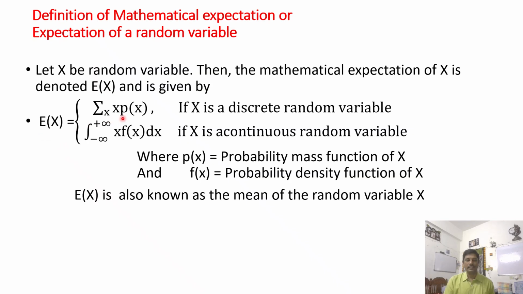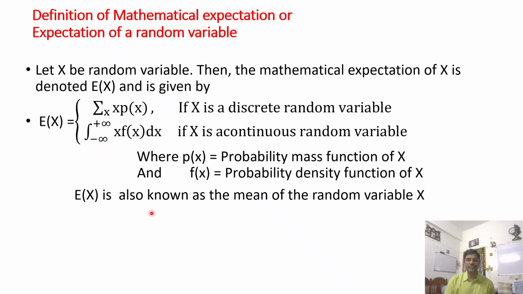If capital X is a discrete random variable, we calculate by using the definition sigma x into P of x, and for continuous, the integration from minus infinity to infinity of x into f of x.